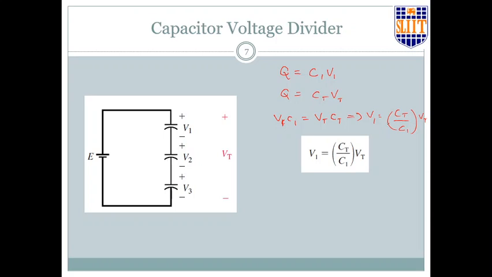Right, okay, so that is the capacitor voltage divider. In most cases we are using them for AC applications, but not for DC applications.